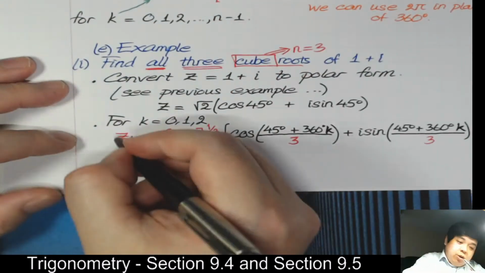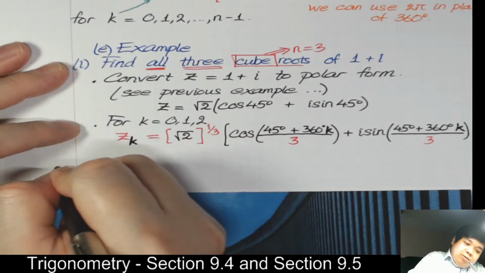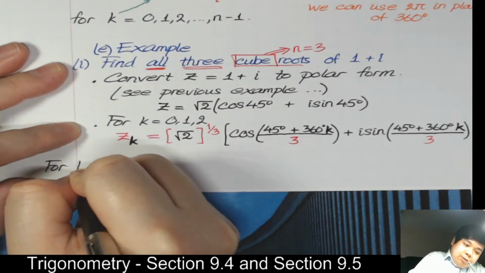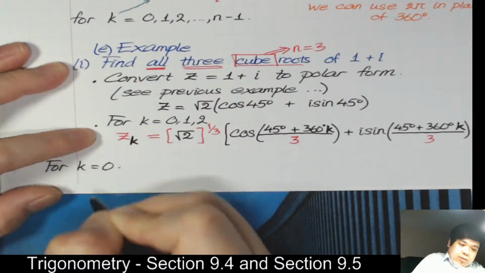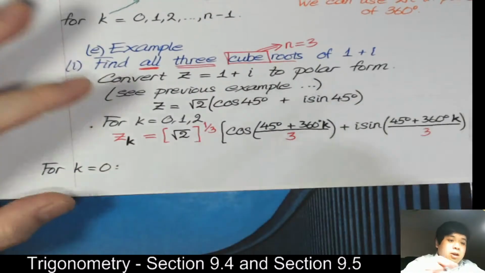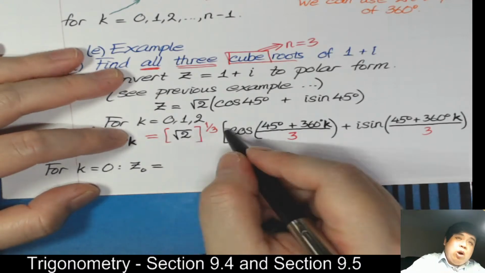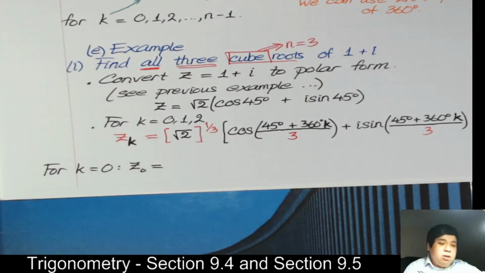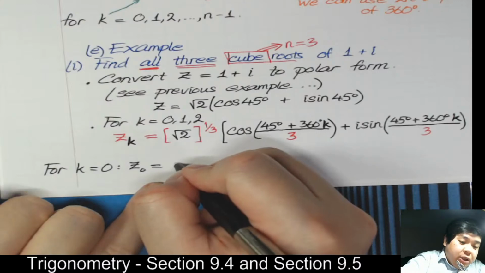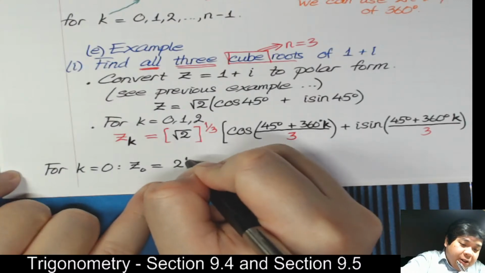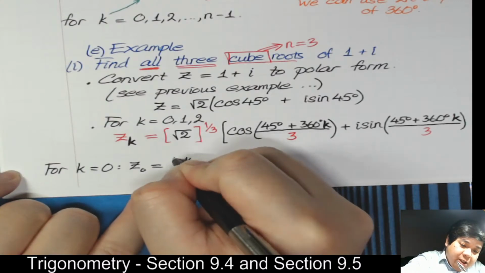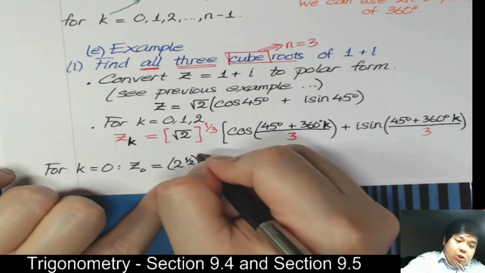Right. Now for k equal to 0, we have z sub 0 equal to square root of 2 to 1/3. Earlier we have square root of 2 is 2 to 1/2. Now we have 1/2 and then to the 1/3.